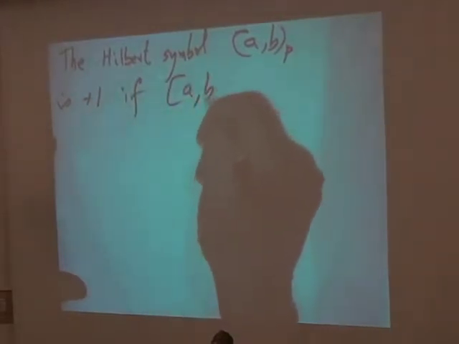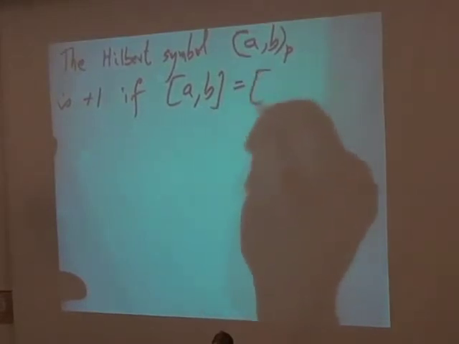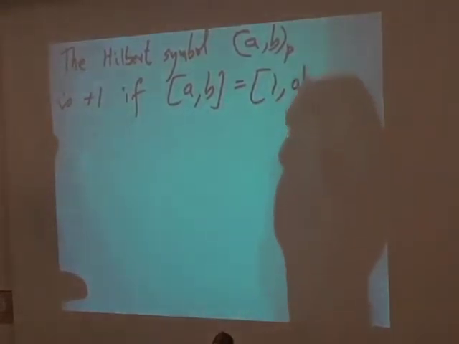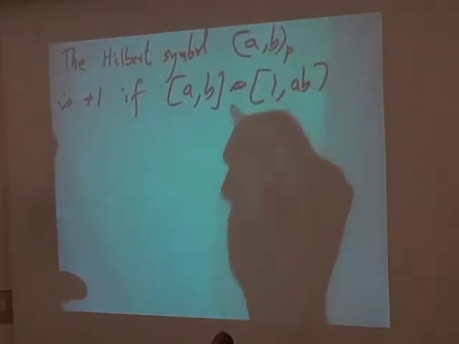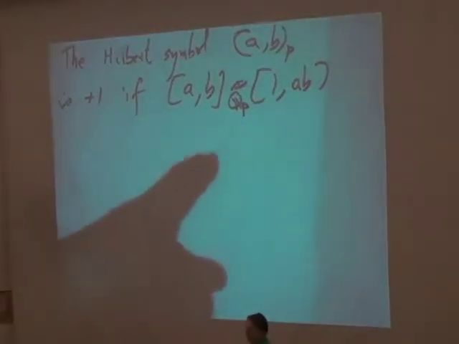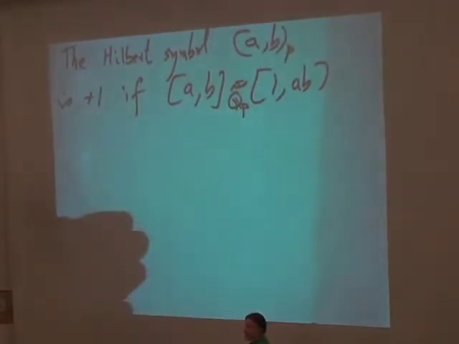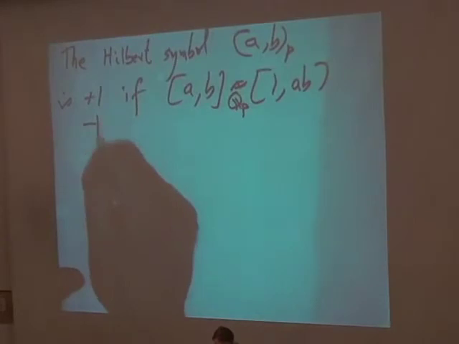It has slightly different notations. It is +1 if the quadratic form A, B is the same as 1, AB. If it's the standard form of its determinant, then it's 1, and -1 if not.